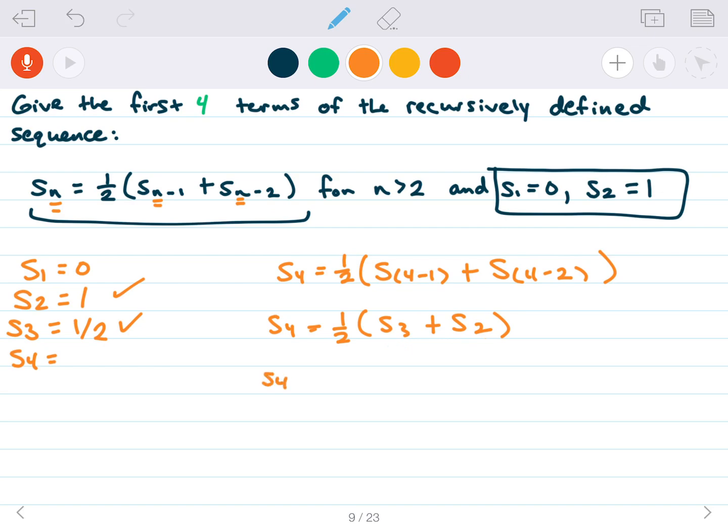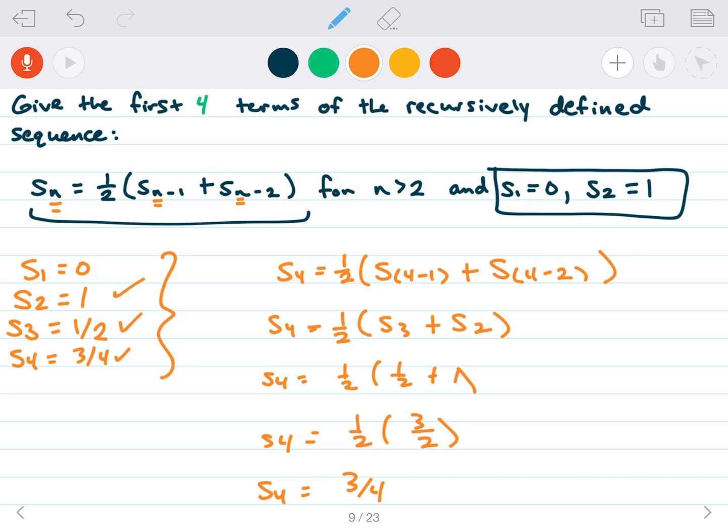So S sub 4 is going to be 1/2 times 1/2 plus 1. So this is 1/2 times 3/2, which is just 3/4. So S sub 4 is equal to 3/4. All right, so these are going to be the first 4 terms of my list: 0, 1, 1/2, and 3/4.